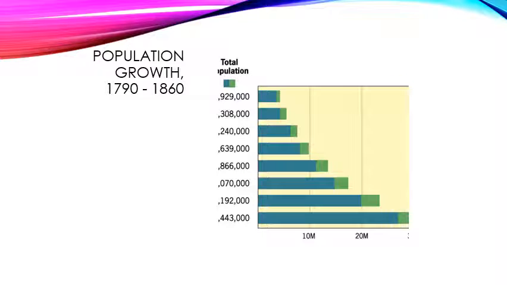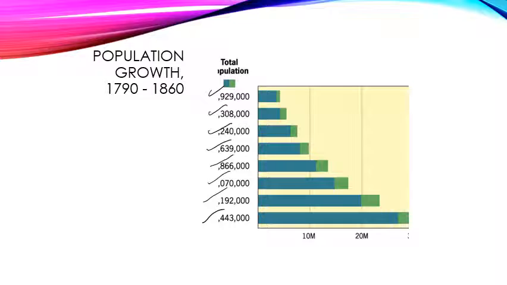Looking at a chart of population growth, which unfortunately did not come out the way it was supposed to. Sorry about that. So 1790 is right here, 1800, 1810, 1820, 30, 40, 50, 60. If you're looking at the total population and the total population growth, I'll try to explain this for you as best I can.